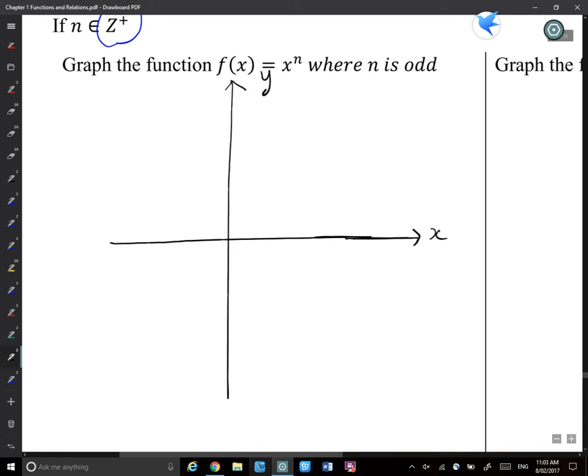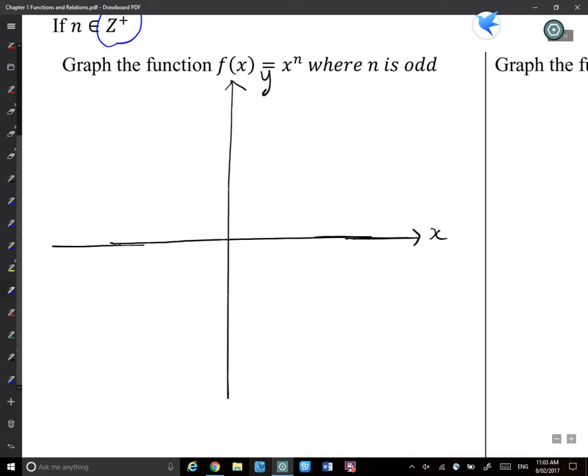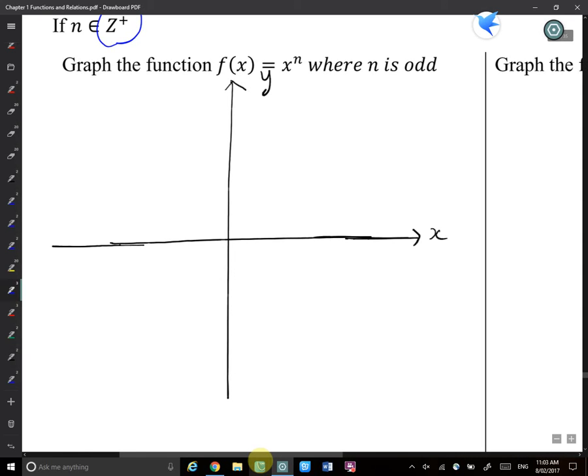Let's sketch x to the power of 3 first. Okay, that's x to the power of 3.